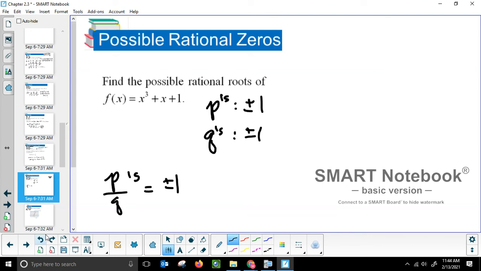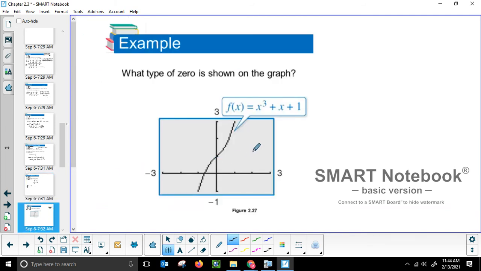Those will all be irrational. Basically, an irrational number is any number written as a decimal where the decimal never repeats and never ends. So do keep in mind that these only find rational zeros, not irrational.